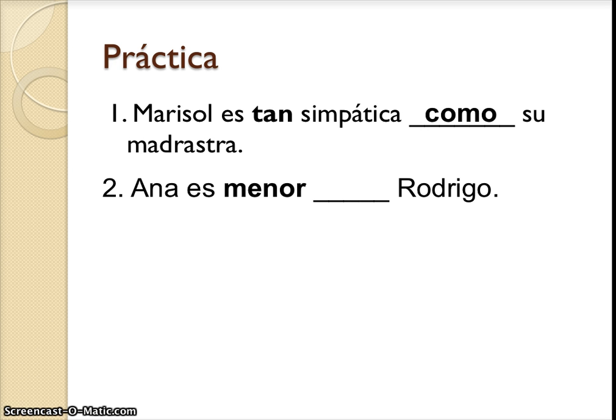It should be menos. Ana es menos blank Rodrigo. Perdón, perdón. Alright, so what matches up with menos? Que o como? Que. Menos que. Ana is younger than Rodrigo.